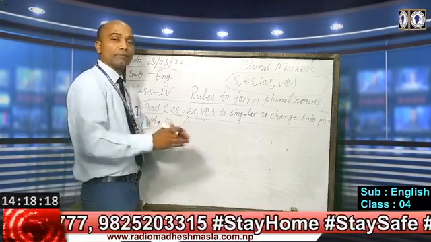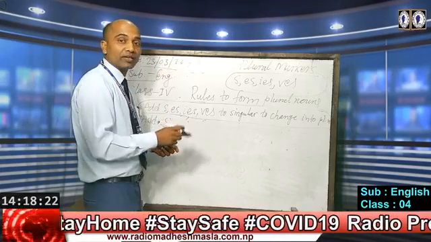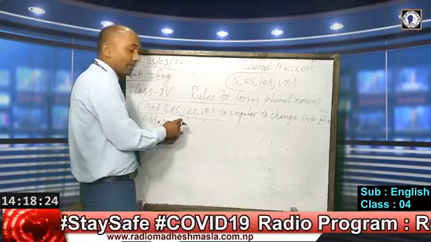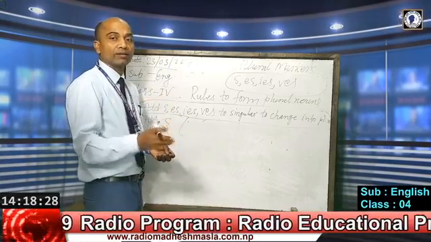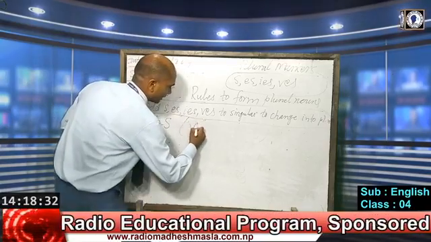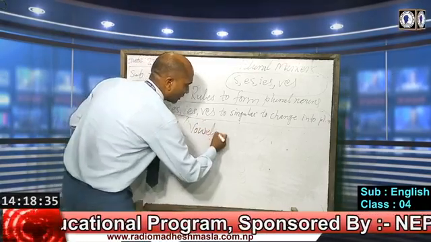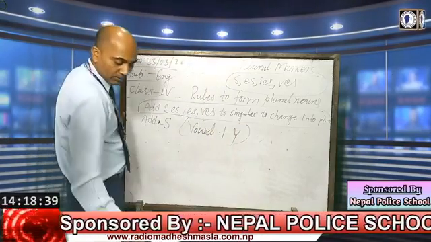When there is consonant plus Y, remove the Y and add the IES to make it plural. But when there is vowel plus Y, do not remove the Y, just add the S. Vowel plus Y. Let me give you an example.